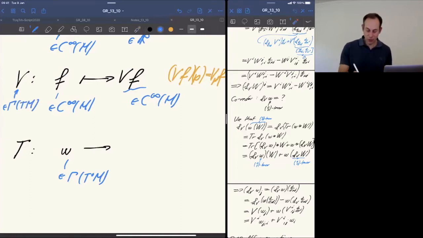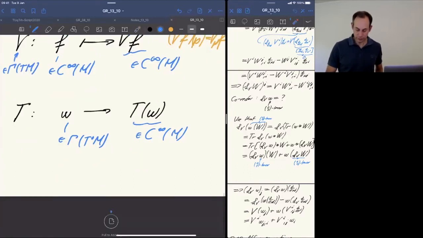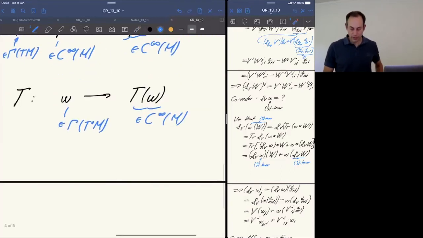So it takes a covector field and makes out of it a function. This is just for a 1-0 tensor, of course, that's not generally true. It evaluates this covector field, and what comes out is again a function in C infinity M.